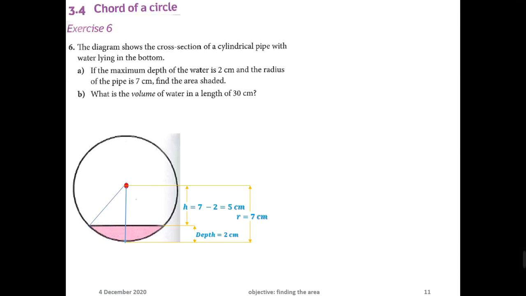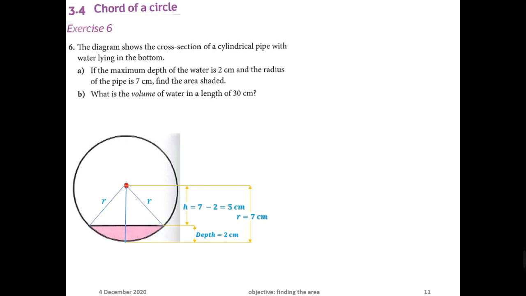sector. So if we connect between the center and the point of the level of water, which is a point on the circumference of the circle, this is the radius, and if we connect between the other point of the level of water in this pipe and the center, this is the radius as well.